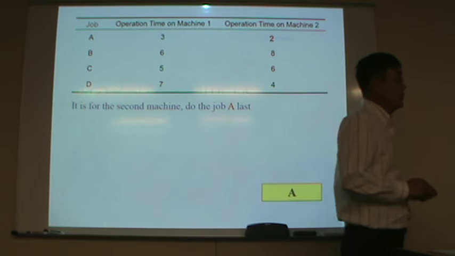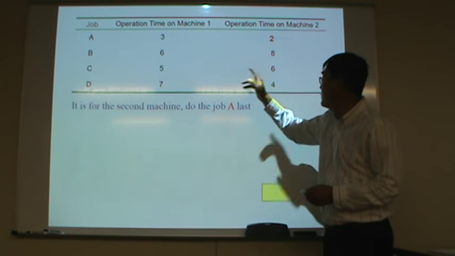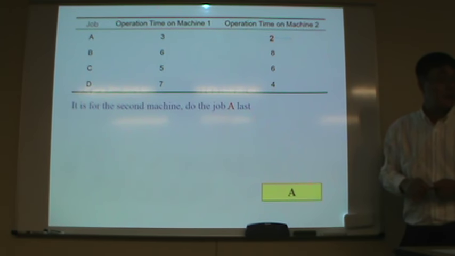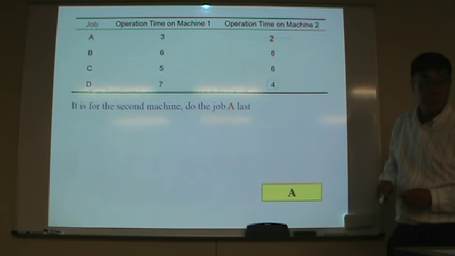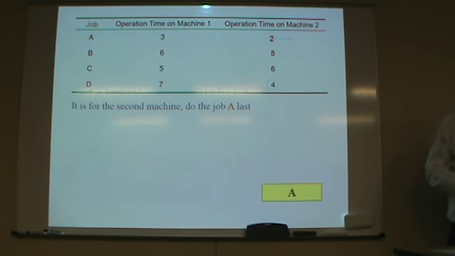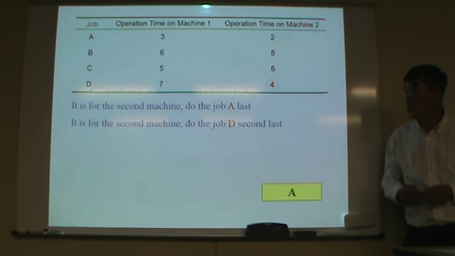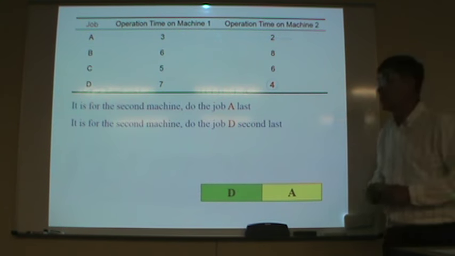Now, among 6, 8, 5, 6, 7, 4, which one is next shortest? 4. Take this one, right? It is the second machine. So do the job second last. So place job B second last.